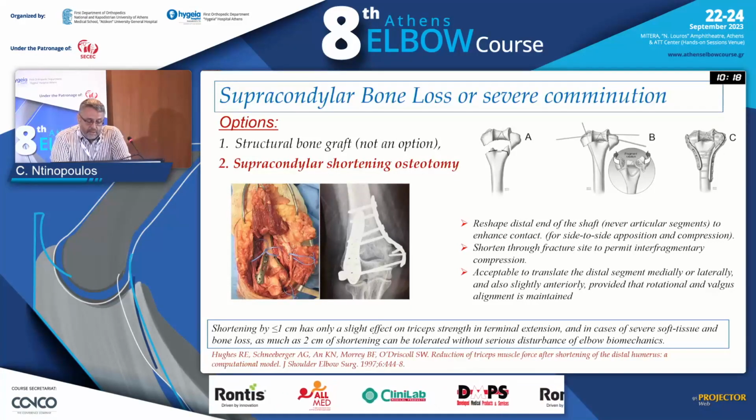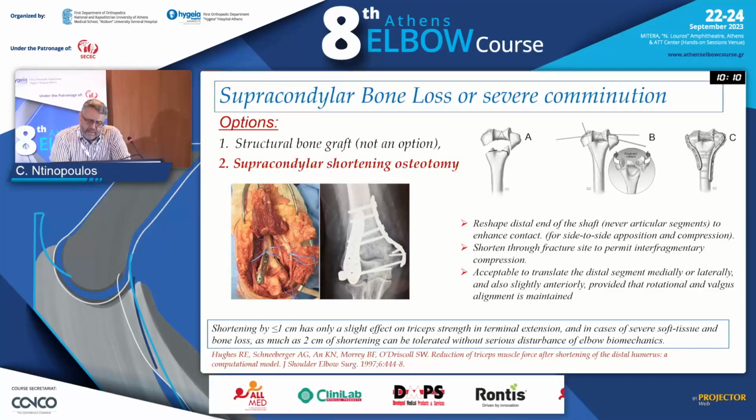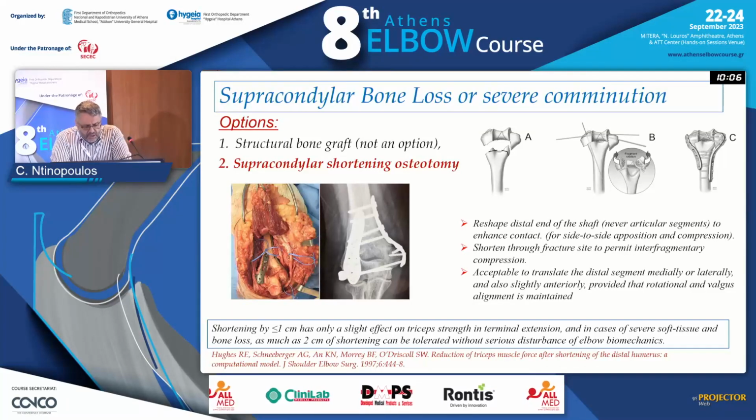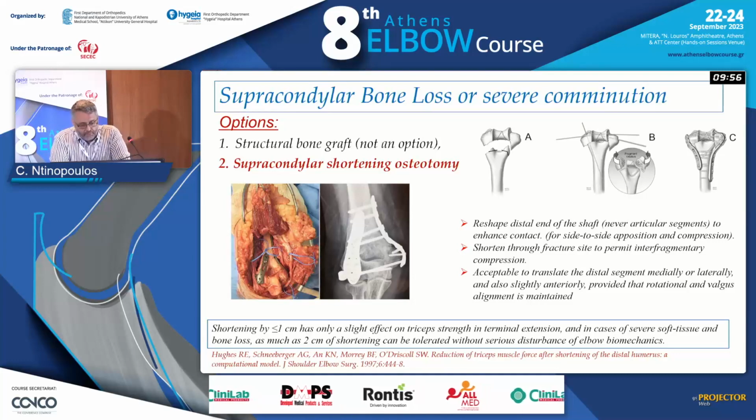Shortening less than 1 centimeter doesn't create any effect in triceps strength, and shortening as much as 2 centimeters is well tolerated. Regarding the way of fixing the osteosynthesis, we can shorten, but we cannot fix in rotation.